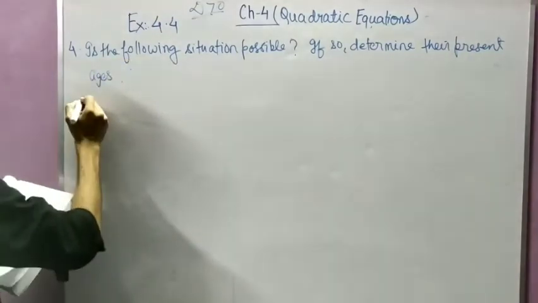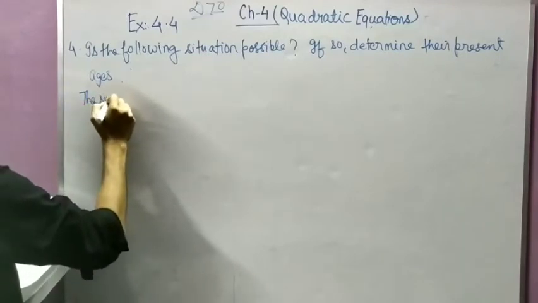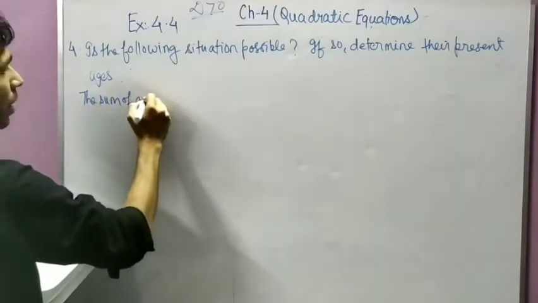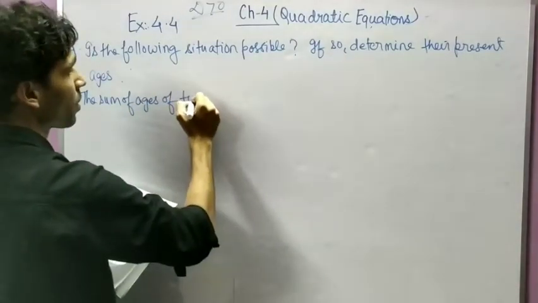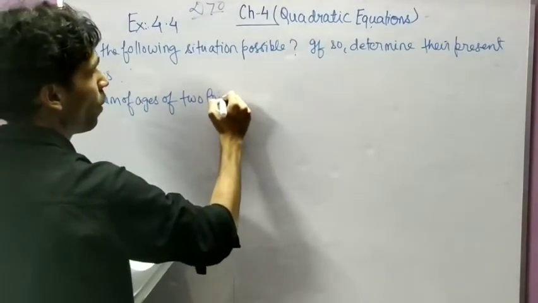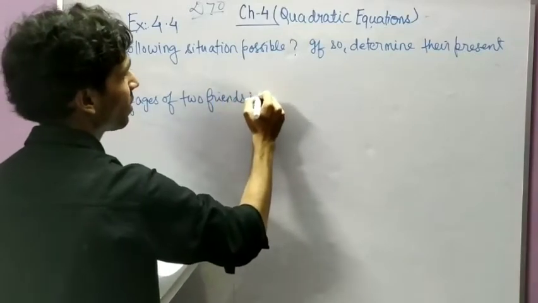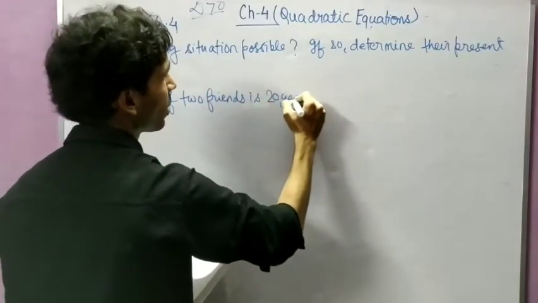Now the question is that the sum of ages of two friends is 20 years.